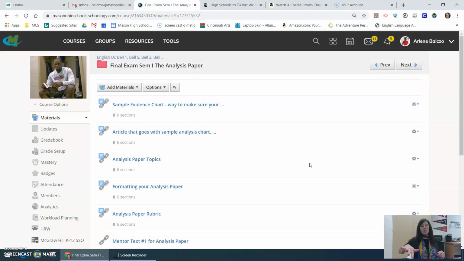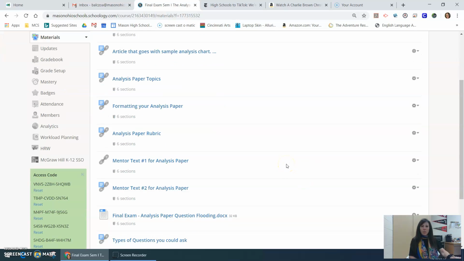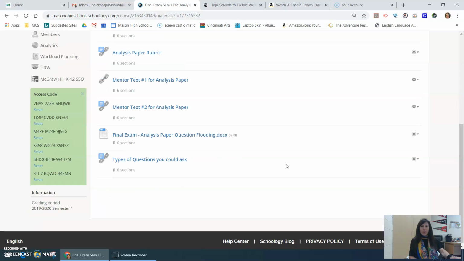But I need to do some research first, and of course I need to write it, and then I need to edit it, and I'm going to rewrite it, and I'll try to get it in by Monday or Tuesday of next week. With my surgery being on Friday, I have no idea if I'm going to get it done before the surgery, and I don't know how I'm going to feel on the first few days after my surgery. So take a look at this folder, look at everything in here.